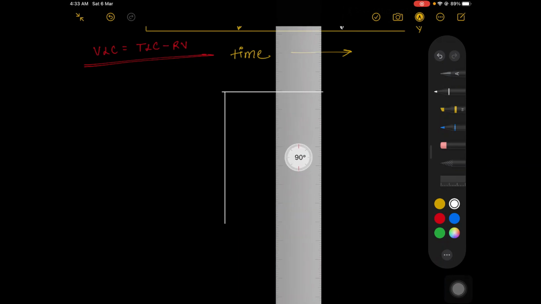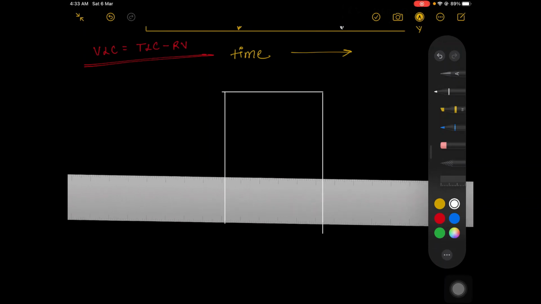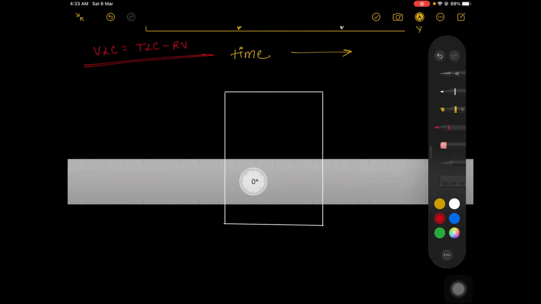Just assume this container has lungs. We all know that the amount of air we inspire and expire at resting state is the tidal volume.